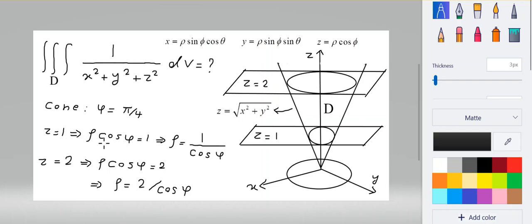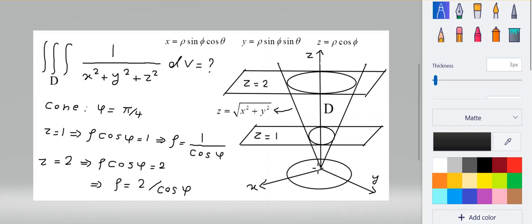So if we divide both sides by cosine phi, we have rho equals 1 over cosine phi. Similarly, z equals 2. Z is rho cosine phi equals 2, so rho equals 2 over cosine phi.